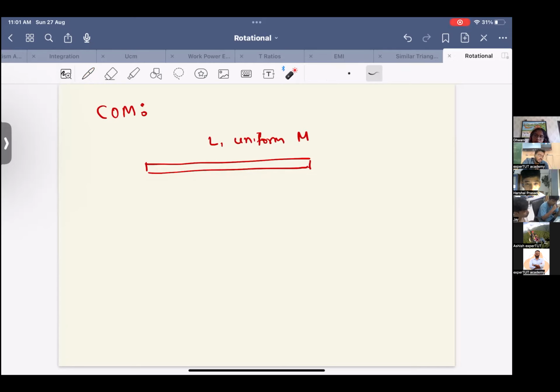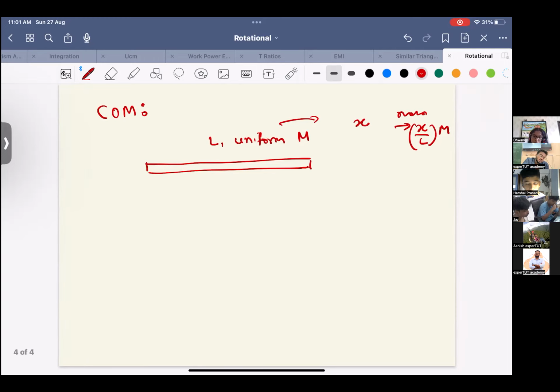Okay, so when you say uniform, then you can say that if you take length x, the mass of that is nothing but x by L into capital M, right? If you take a length L of this rod, if you take a length x of this rod, the mass of the small piece of length x is equal to x by L into capital M. Yes or no?